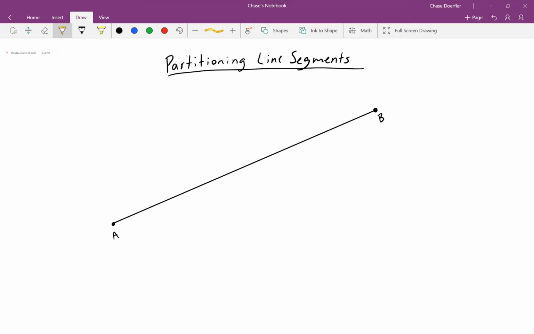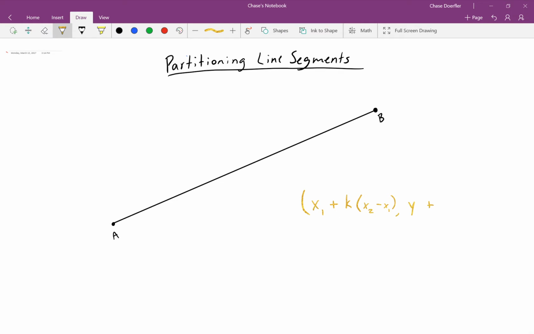I'm going to start off with x1, and that would be any one of the x's, plus k, which would be the ratio of the smaller part to the whole thing, and that would be multiplied by x2 minus x1, comma, y1, and this is pretty much the same as with x.